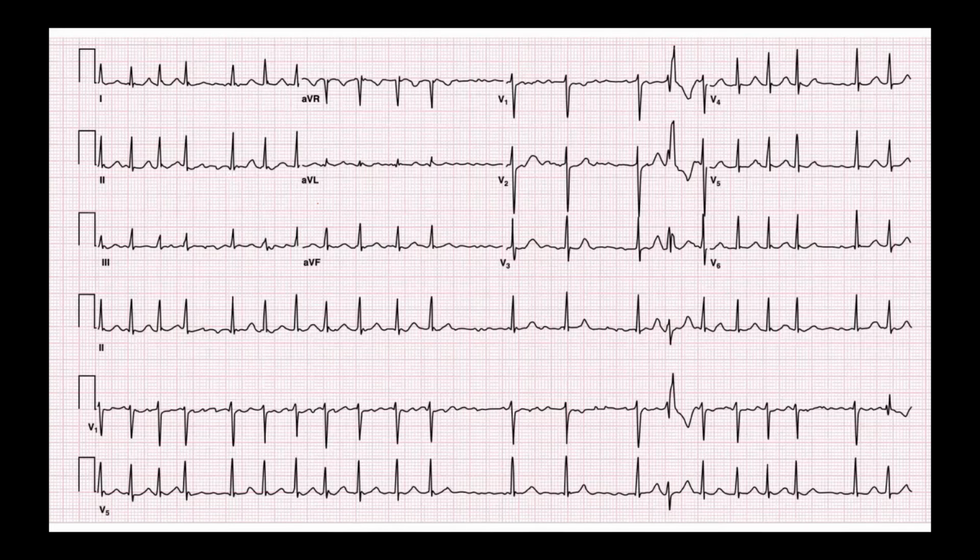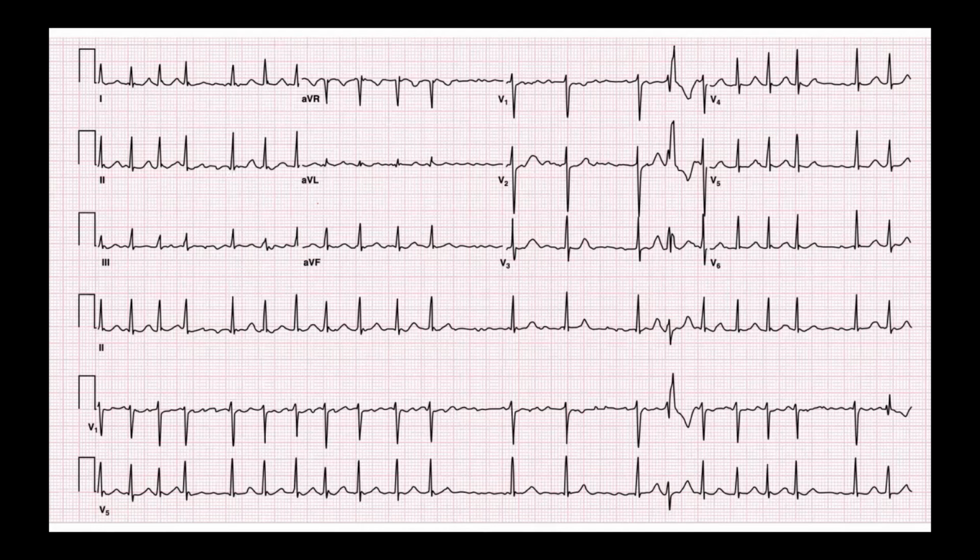Narrow QRS complex, there is a delta wave, short PR interval in lead 2 and lead 1. There is an ectopic beat. Looks irregular. Okay, there is some irregularity. I see some short PR interval. Where is the short PR?